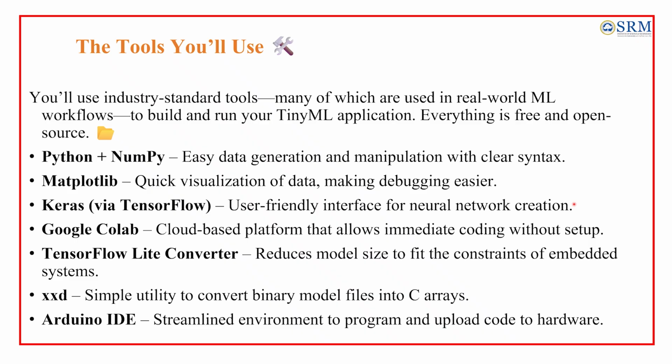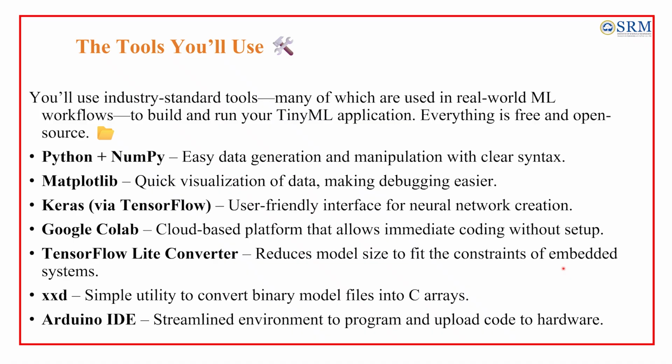All the coding happens in Google Colab. This avoids the pain of installation; just open the notebook and run it easily. When the model is ready, we'll use TensorFlow Lite to convert and shrink it. Then xxd converts the .tflite file to a C array. And finally, the Arduino IDE compiles and uploads everything to the Arduino Nano 33 BLE Sense.